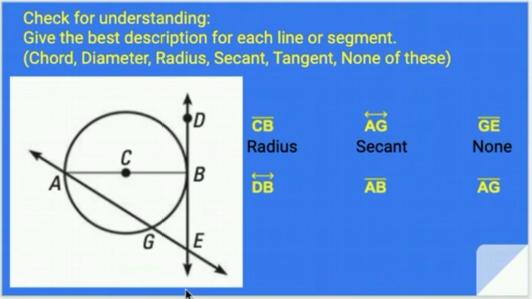Line DB skims the circle at 1 point, intersects the circle at 1 point right there, so that is a tangent line. Segment AB is a chord that goes through the center of the circle, so it is a diameter. And then there is segment AG that has its endpoints on the circle, so that is a chord.